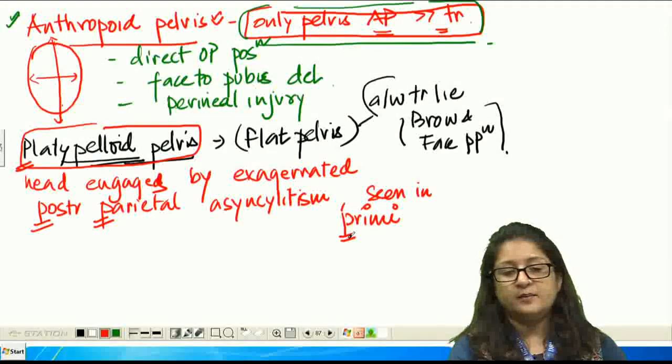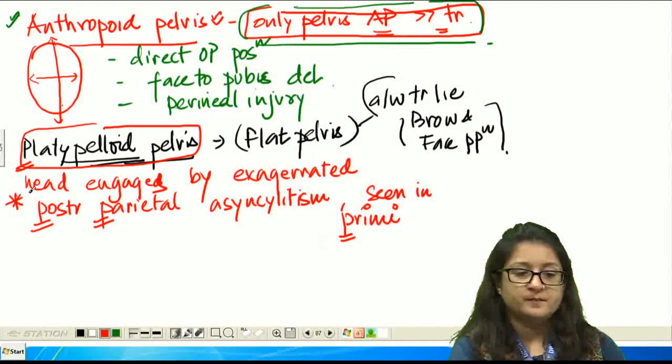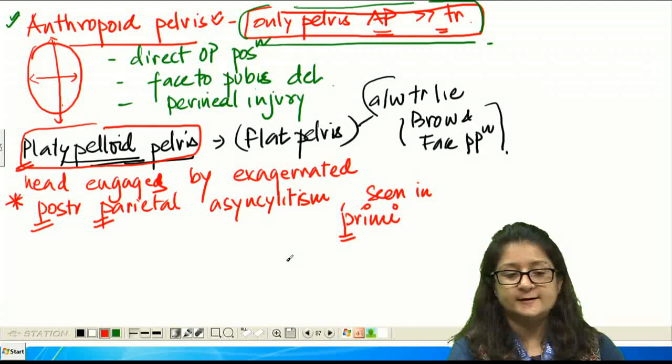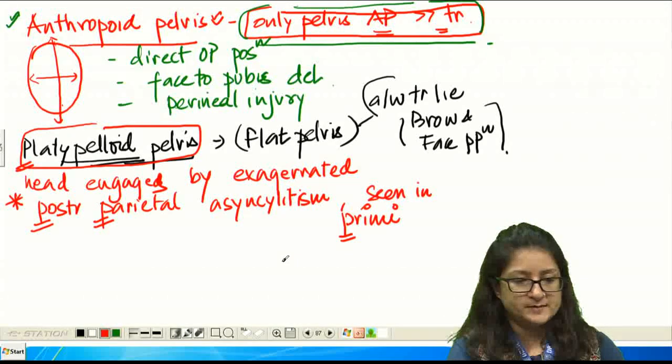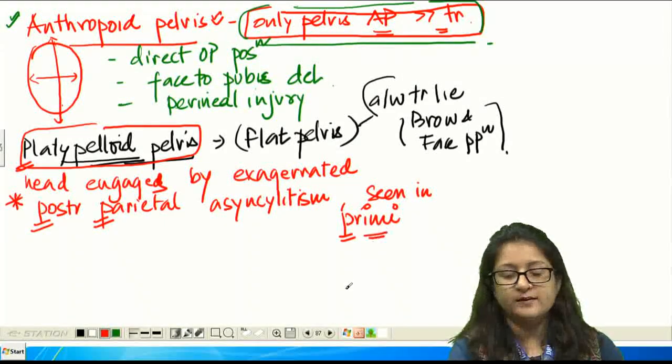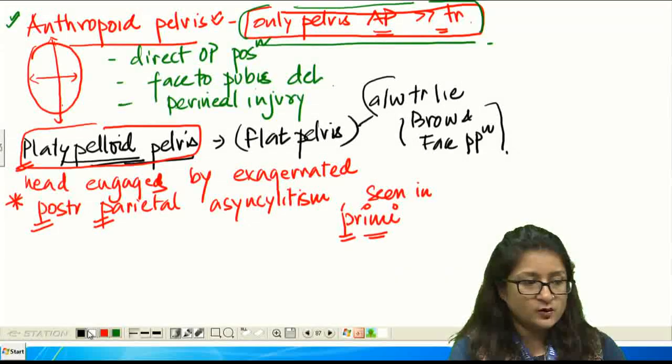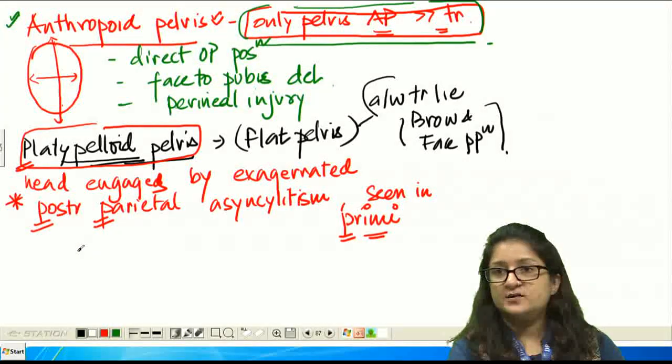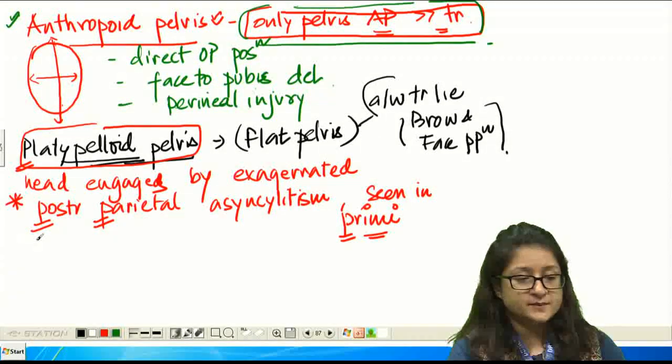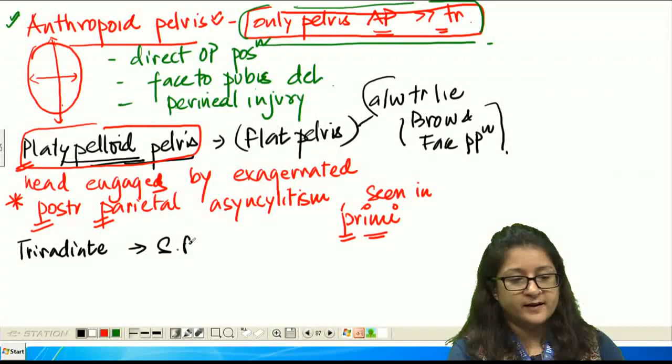So this we can remember, the posterior parietal asynclitism which is seen in platypelloid pelvis, seen most commonly in primies. And then you have certain special types of pelvises, like the triradiate pelvis, which is seen in severe rickets and osteomalacia.